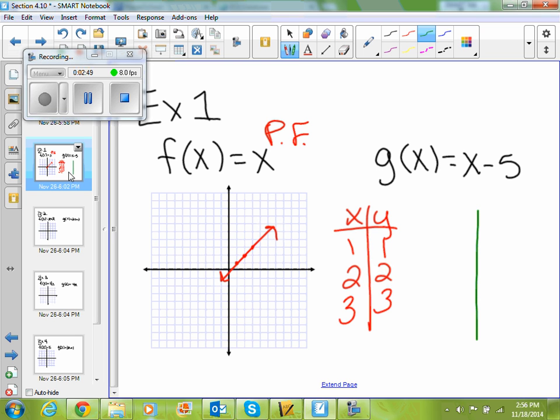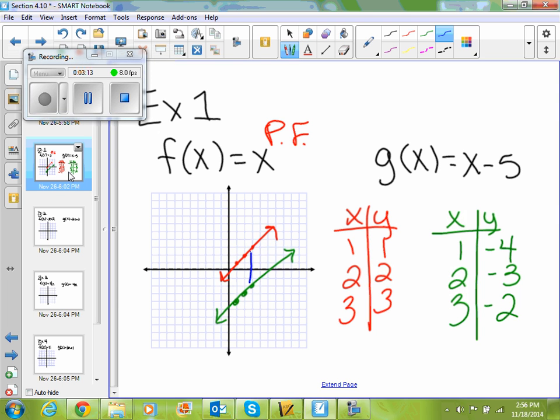If I look at g of x, where I'm taking x minus 5, and I use those same x values so that I'm consistent, 1 minus 5 gives me negative 4, 2 minus 5 gives me negative 3, 3 minus 5 gives me negative 2. So 1, negative 4, 2, negative 3, 3, negative 2. I'm looking at what I need to do to get from my red graph to my green graph.